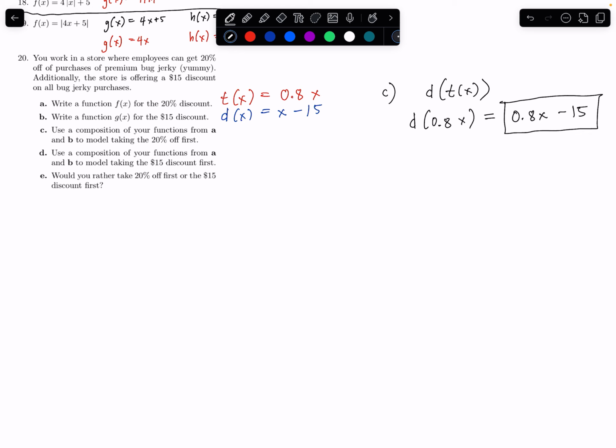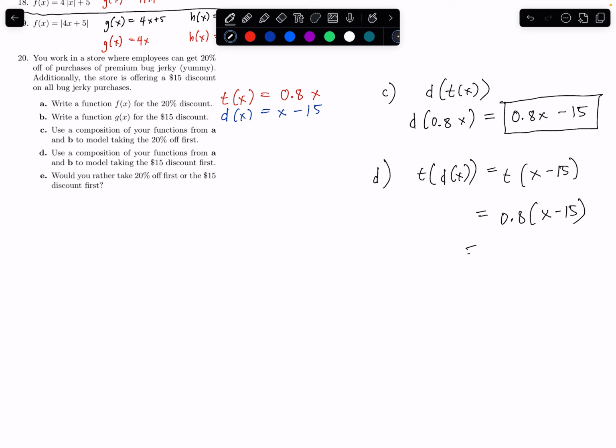Letter D, use a composition of your functions to model taking $15 off first. So $15 off first would mean d of x is the inner function, and then I take 20% off. Okay, so d of x is minus 15 first. That's going to give me x minus 15. And then I'm going to apply t of x, 20% off that. So it's going to be 0.8 times whatever was the input, right?